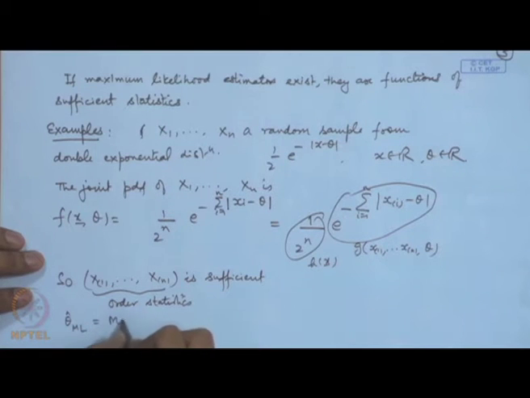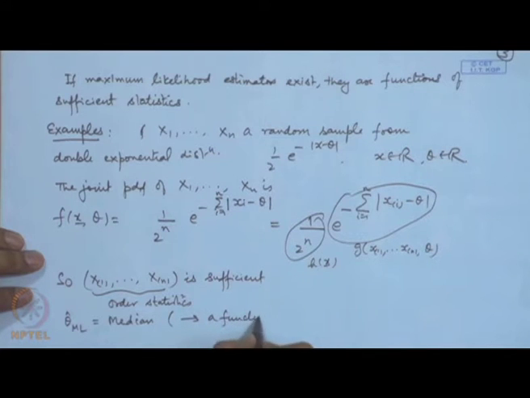Now, remember here for this problem what was the maximum likelihood estimator? The maximum likelihood estimator was median of the observations, and median is a function of order statistics, because if we have an odd number of observations, say x 2m plus 1, then x m plus 1, that is the middle of the observation, was the median, and if we have an even number of observations, that is x 2m, then any number between x m and x m plus 1, and we can actually consider, say, the middle of the two, that is x m plus x m plus 1 by 2 as the maximum likelihood estimator.